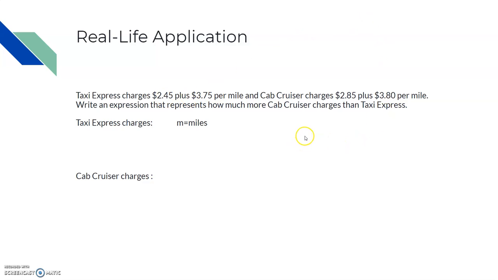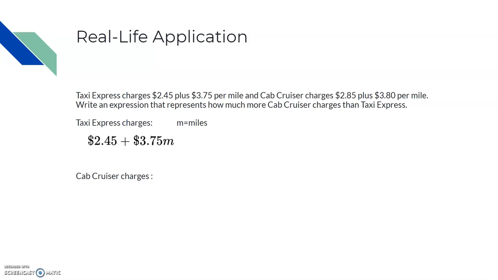So now we're going to be putting them into expressions. For Taxi Express, we have $2.45 plus $3.75m. If you're wondering why there's an m there, m equals miles, and it says per mile, right? So we don't know how many miles there are, but we do know what the amount is per mile.